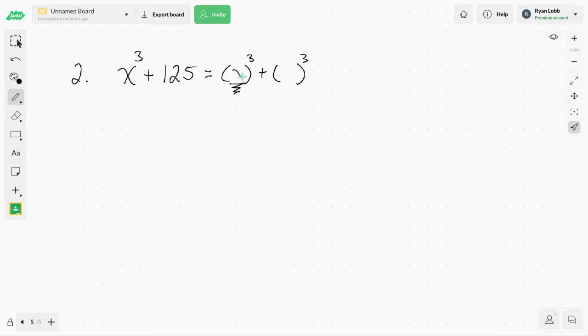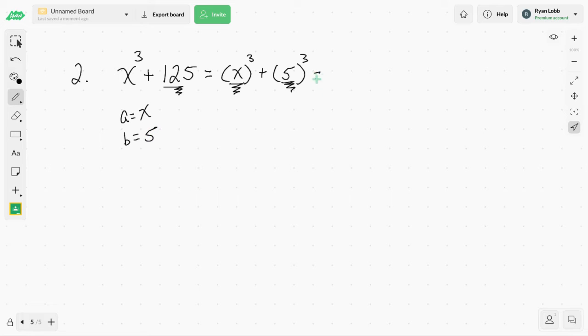Well, pretty clear it should be x. And then what do I have to put into this parenthesis to cube to get 125? Well, 5. So that tells me in that sum of cubes formula that what I'm going to replace the a with is x, and what I'm going to replace the b with is 5.